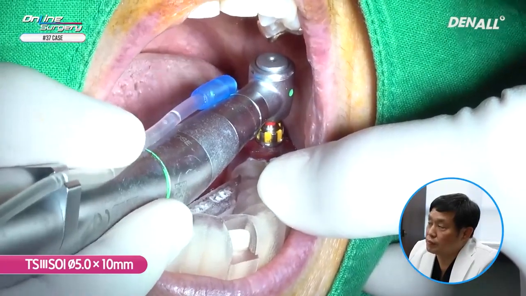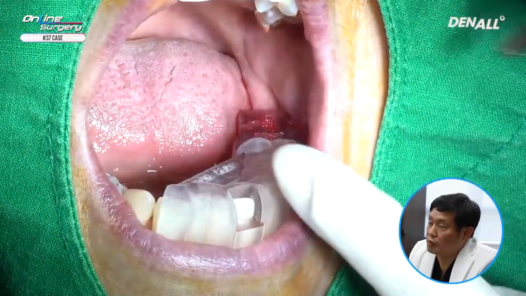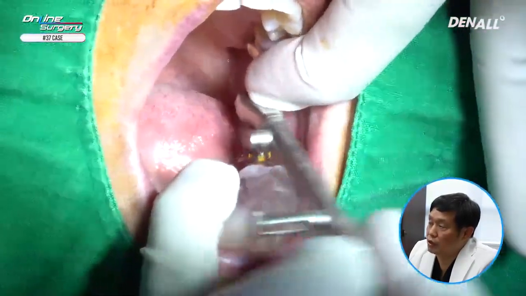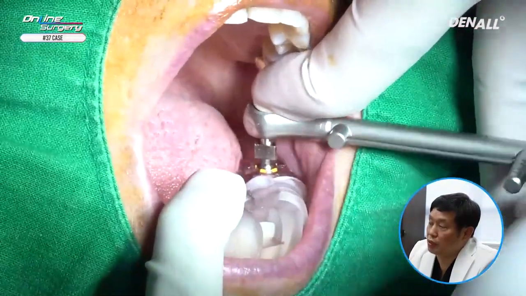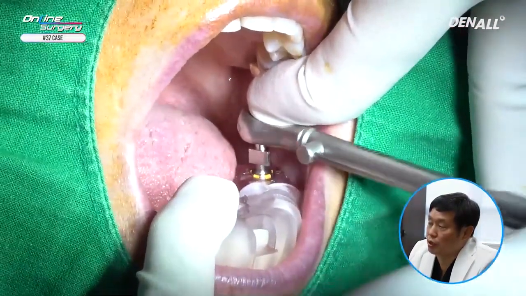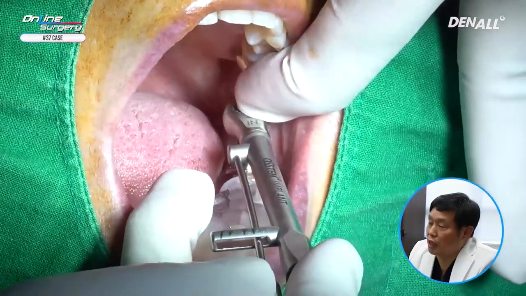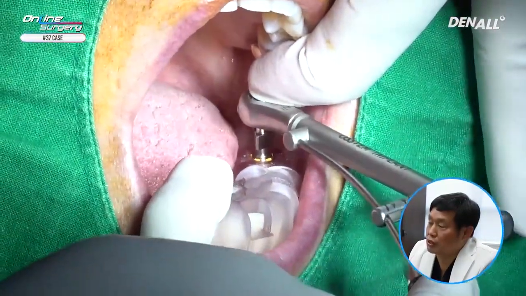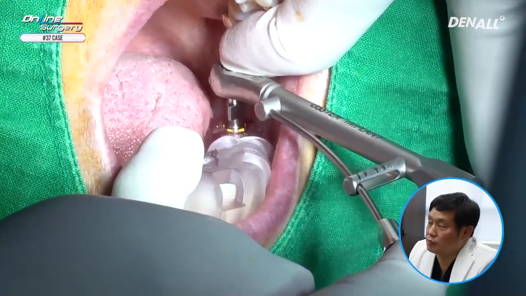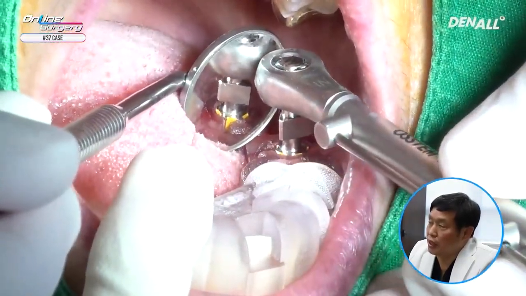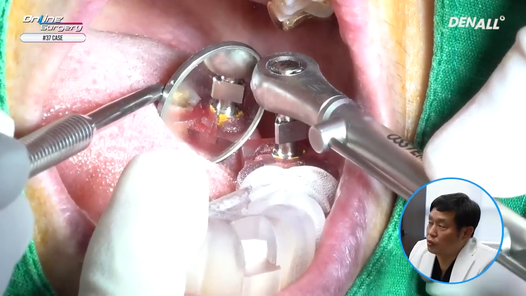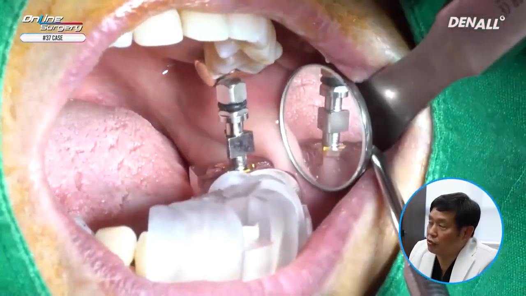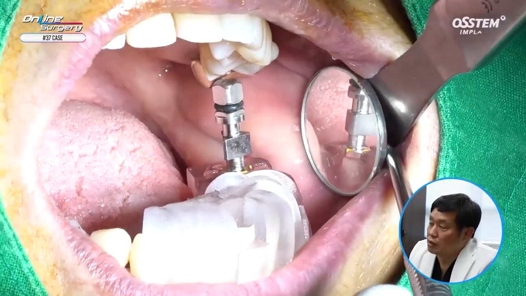After that, implanted driver is used to check the final position and to adjust the depths. Initial torque seems to be good. Implant is now being placed in the desired position. You can see that the yellow mark and triangle, it's aligned.